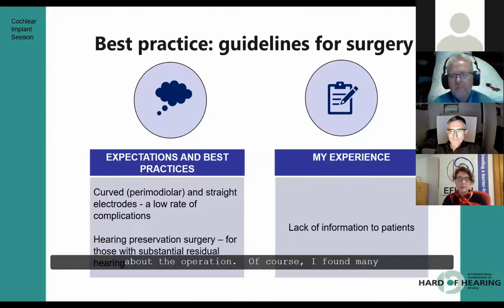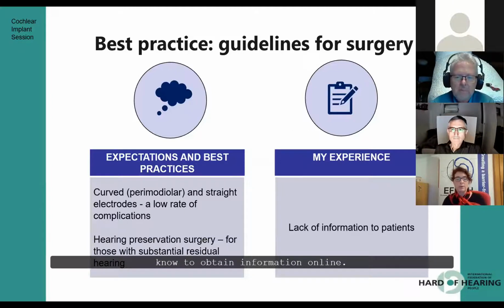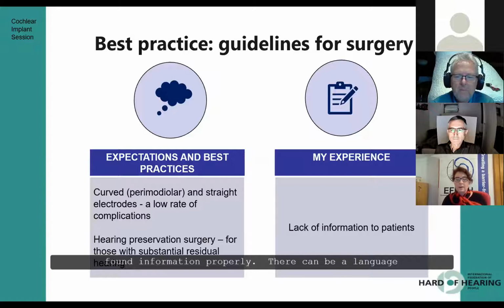Of course, I found a lot of information online before implantation, but unfortunately, there are many people who do not know how to obtain information online. There is also the question of whether they found the information properly. There can also be a language barrier, as most of the information is in English.